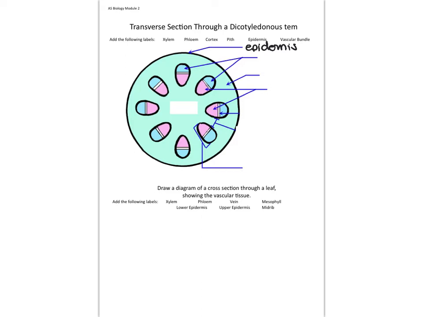So that means on my diagram, the pink one is going to be xylem. It's towards the middle. And then the blue one on my diagram is the phloem. On the outer edge we've got the cortex.